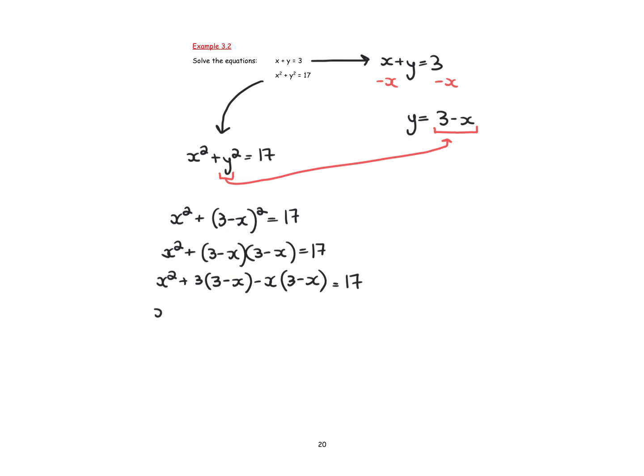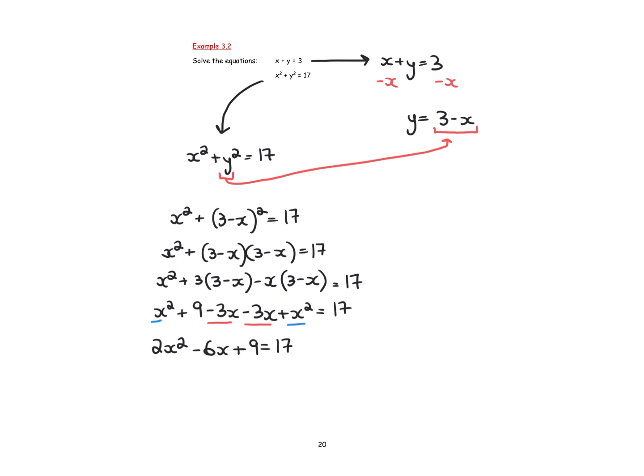Multiplying out the brackets then, we get x squared plus 9 minus 3x minus 3x plus x squared is equal to 17. Adding the like terms, we have a minus 3x and a minus 3x and an x squared and an x squared, meaning we'll have 2x squared minus 6x plus 9 is equal to 17.